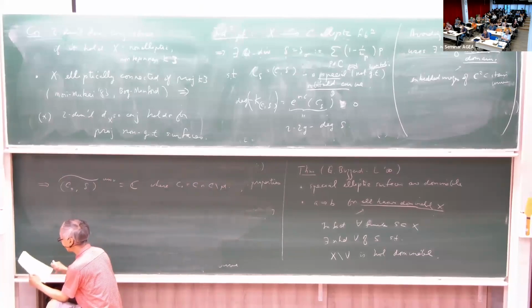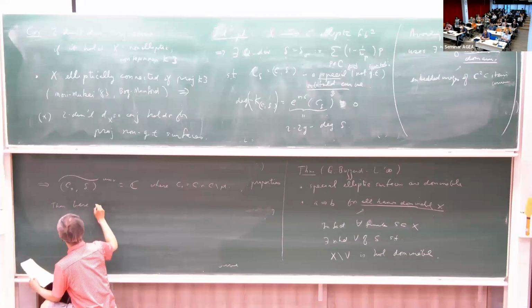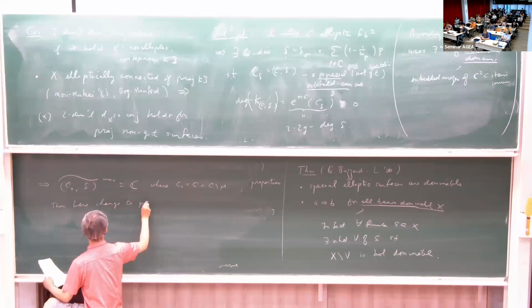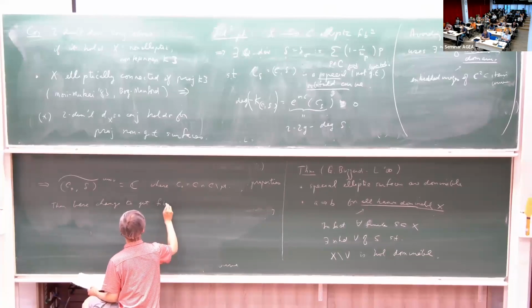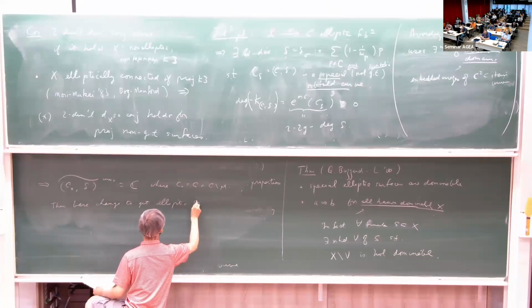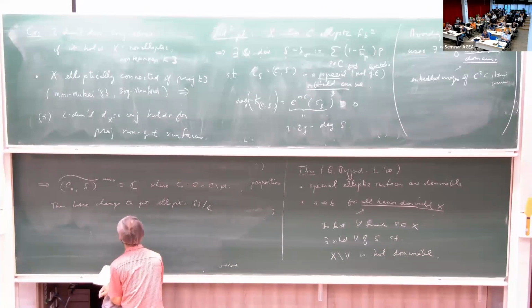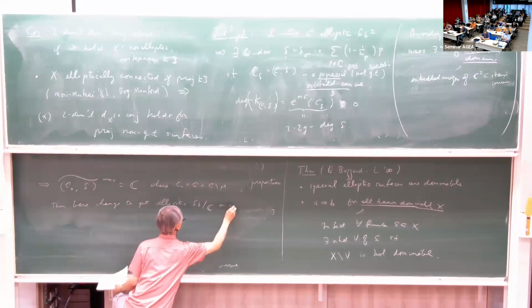So now we base change. We get an elliptic fibration over C. And then this elliptic fibration will have no multiple fibers. Okay.